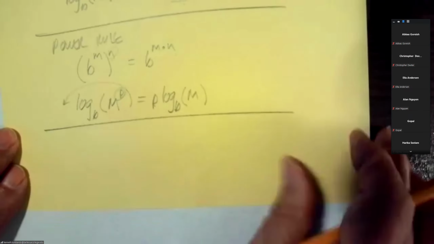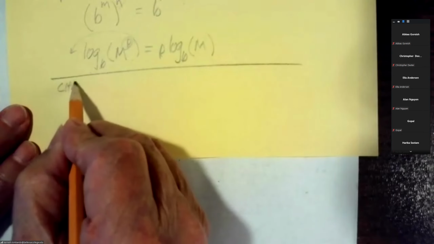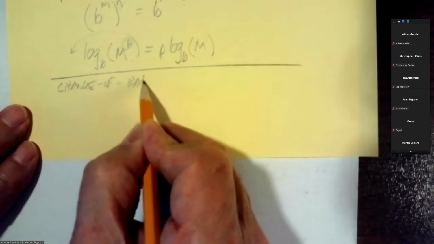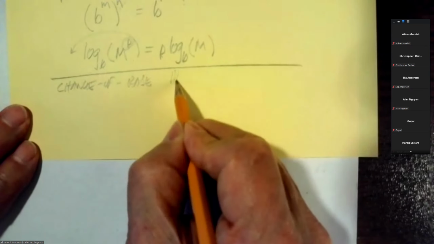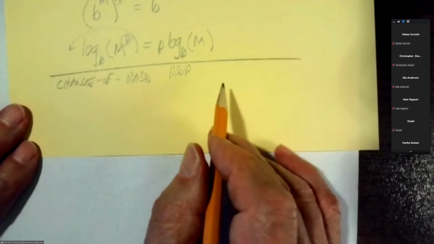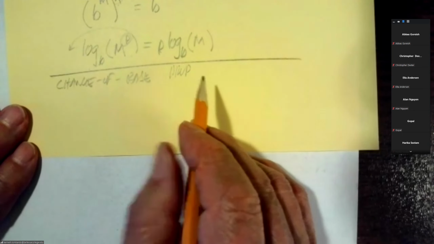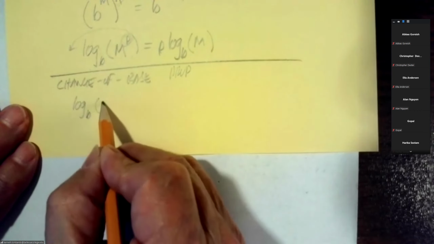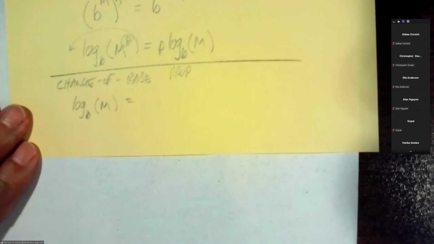And then lastly, I'm going to put up change of base. Change of base property. For whatever reason, we might want to change the base of some logarithm. We might want to say log base b of m, and we might want to change this base to some other base. And we can do that by taking that other base.